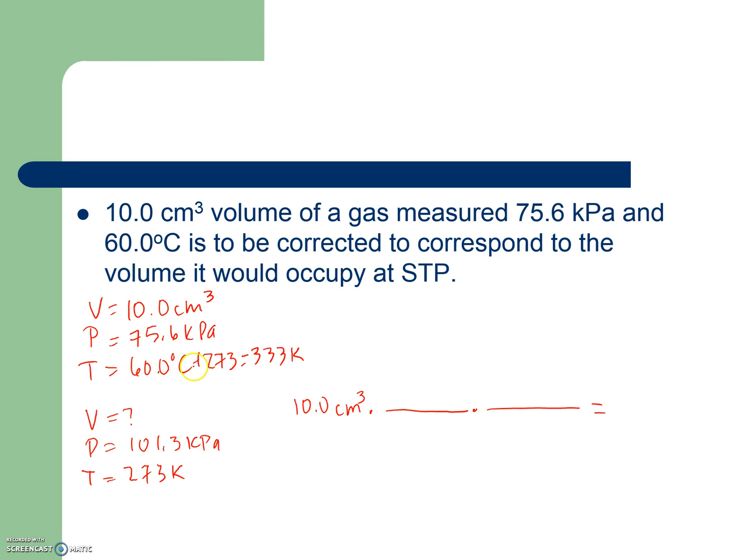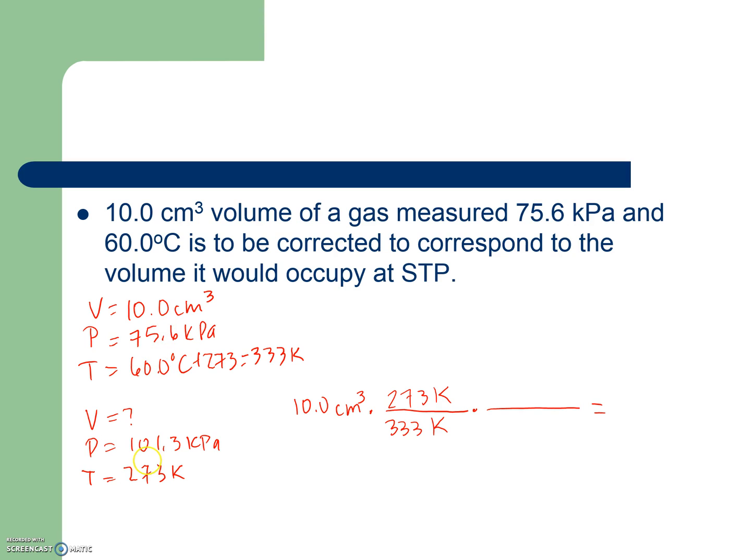My temperature is going down. If my temperature is going down, that will affect my volume by also making my volume go down. So I put 273 on top and 333 on the bottom. My pressure is going from 75 to 101.